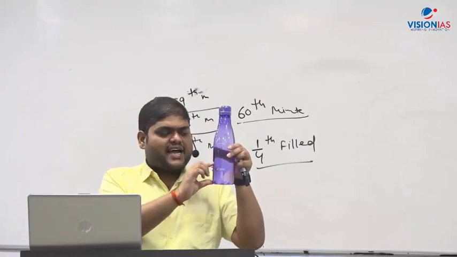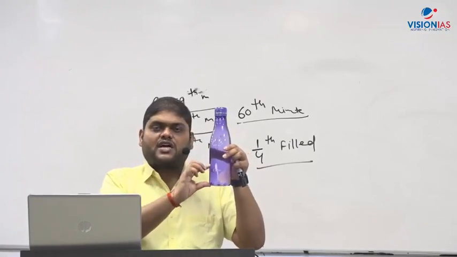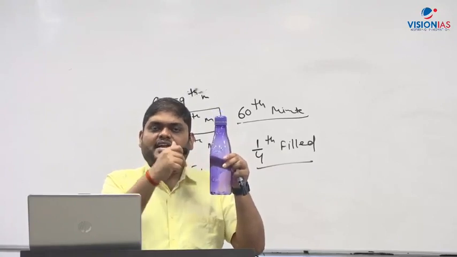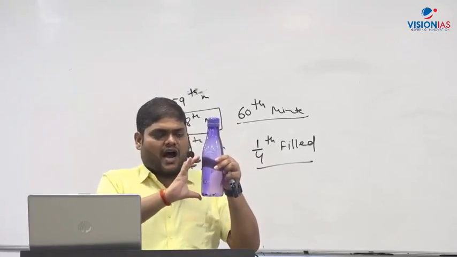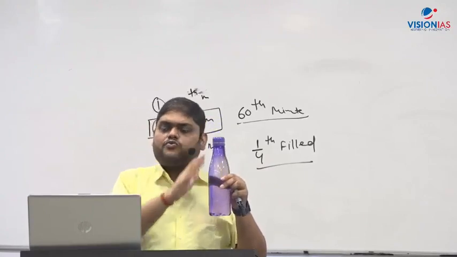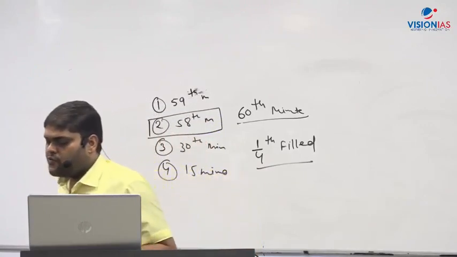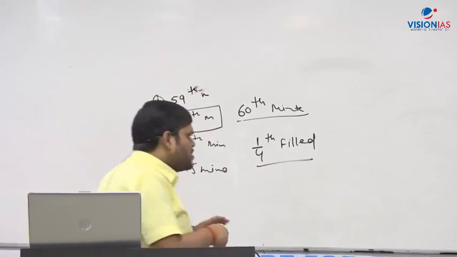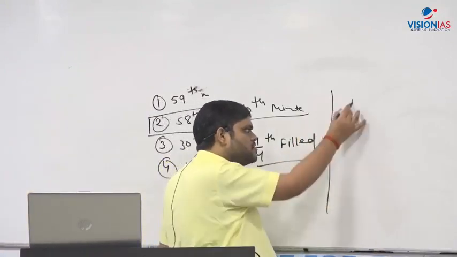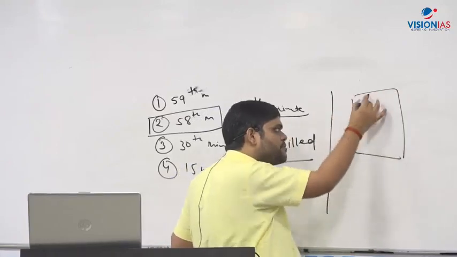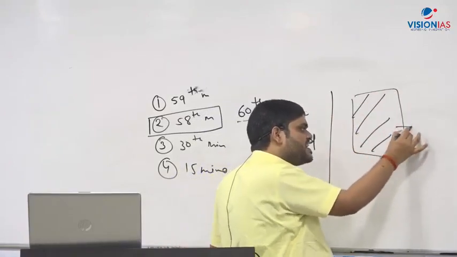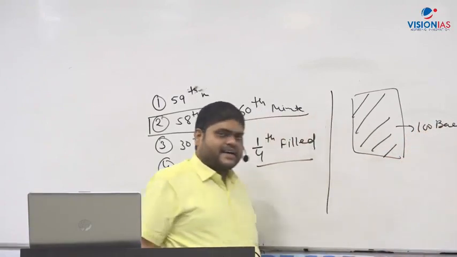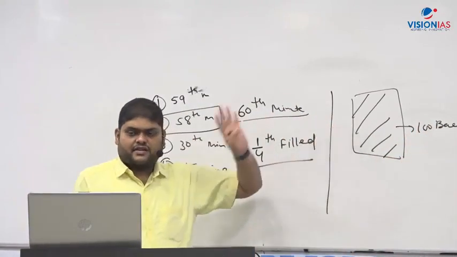At 59 minutes it becomes double. So double of 1/4 is how much? Half. And then next minute again double. Double of half becomes full. So if every minute is doubling, suppose this is a bucket, and when there are 100 bacteria, this bucket is filled.